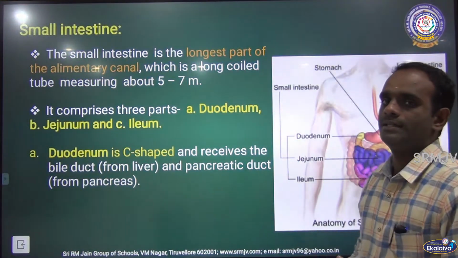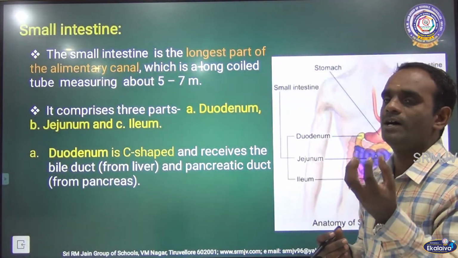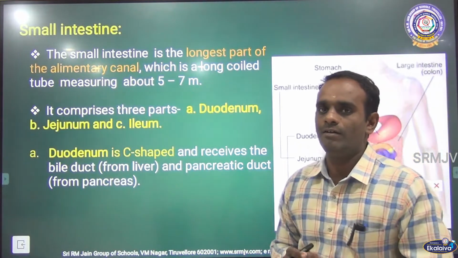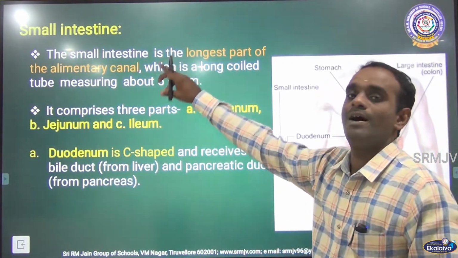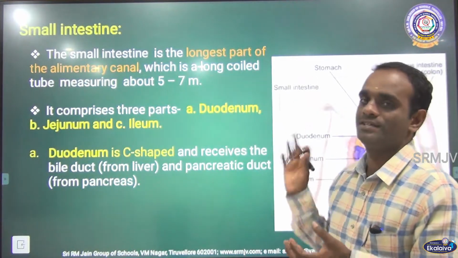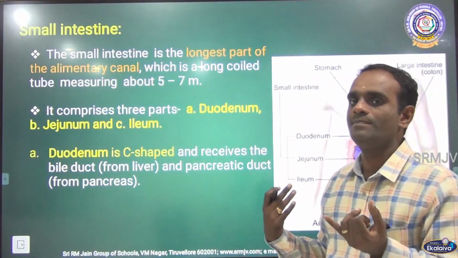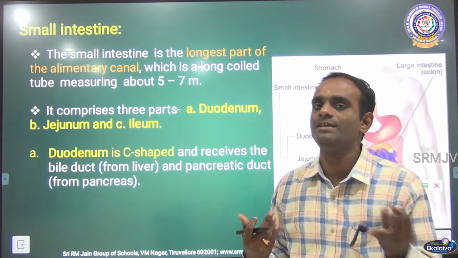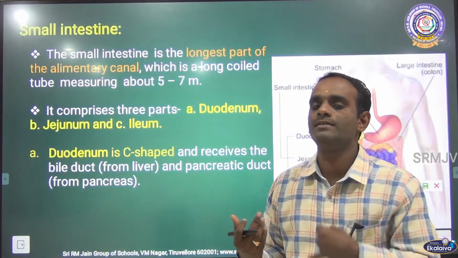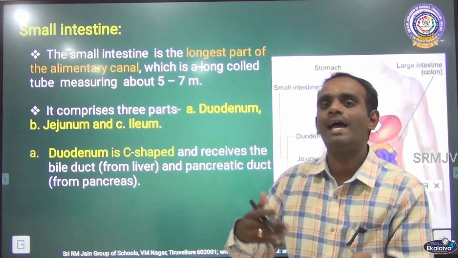Then the small intestine. The small intestine is the longest part of the alimentary canal. The name is small intestine, but it is the longest part of the alimentary canal. The alimentary canal starts from the mouth or buccal cavity, pharynx, esophagus, stomach, small intestine, large intestine, rectum, anus.